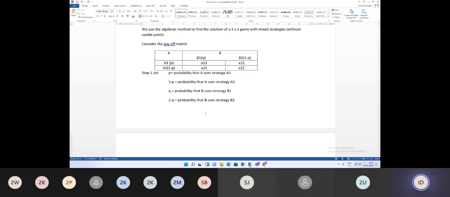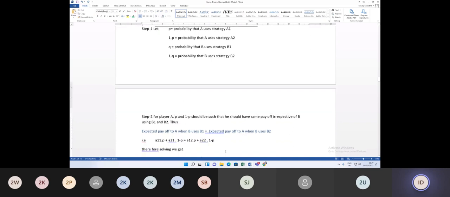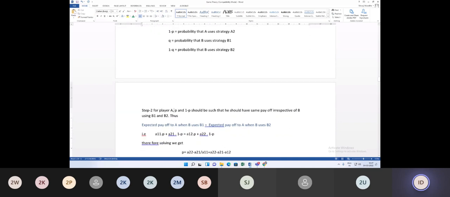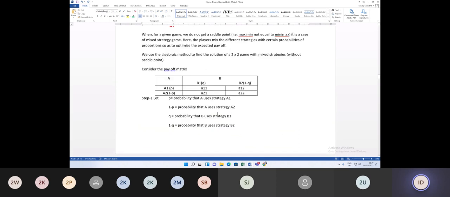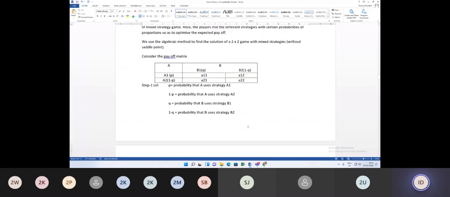When B is using B1, what will be the expected payoff of A? And when B is using B2, what is the expected payoff?